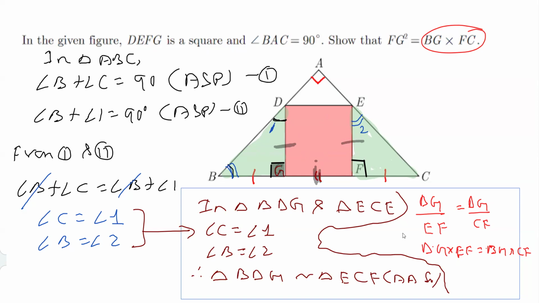If I do the replacement here, it becomes FG into FG is equal to BG into CF. Now FG into FG is FG square. So FG square is equal to BG into CF, and that's how we prove this question.